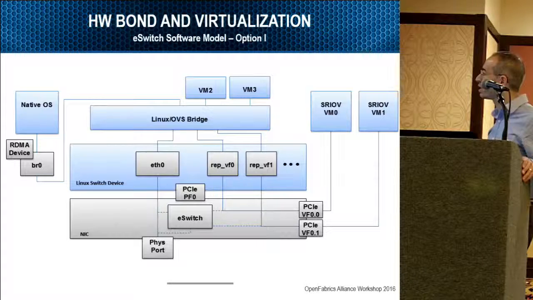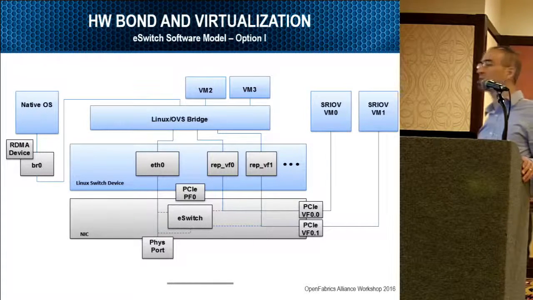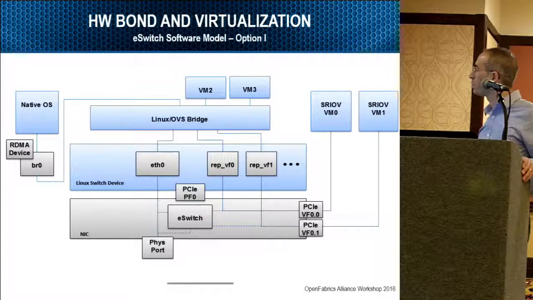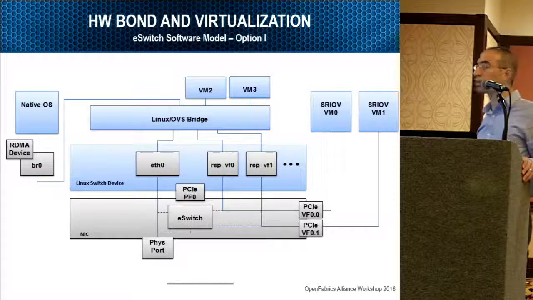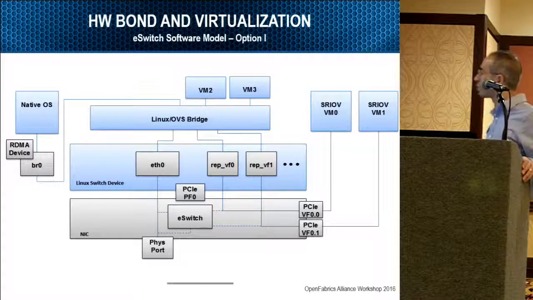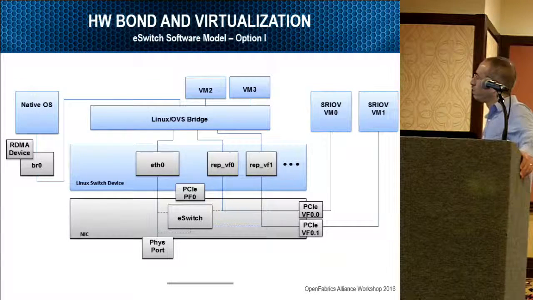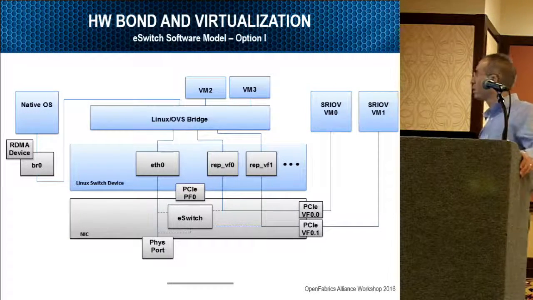If it's inside, it goes to ETH0, which represents the physical port towards the hypervisor, then through the virtual switch in software, and the virtual switch will do the forwarding either for the hypervisor or for the para-virt VMs. For para-virt VMs, we always go through the virtual switch and perform software-based FDB, and they either talk to each other or talk to the native OS.